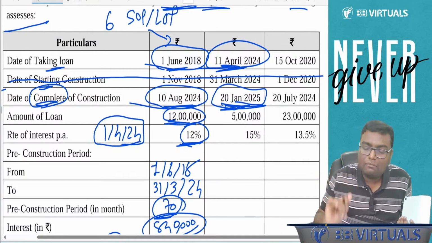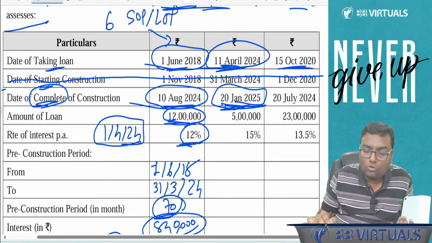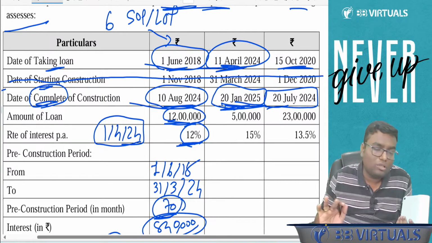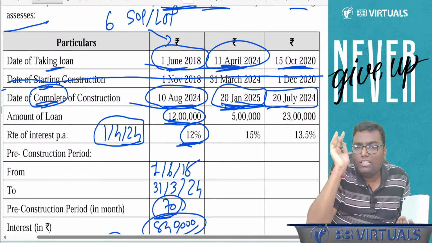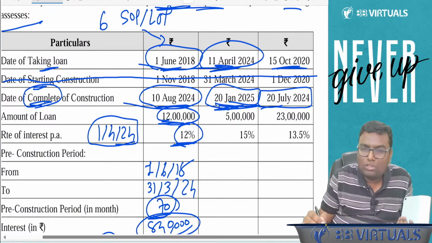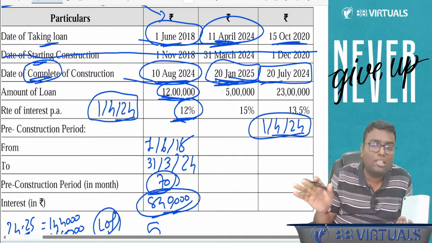Whatever is the interest, it will be fully allowed from the first year itself. Are you understanding this? Last, 15th October 2020, I have taken a loan. Construction is completed on 28th July 2024. Tell me, my normal deduction will start from which date? Can I say both the financial years are separate? So a pre-construction period is there. Normal deduction will start from 1st April 2024. So for how many months have I paid interest, but deduction is not taken?